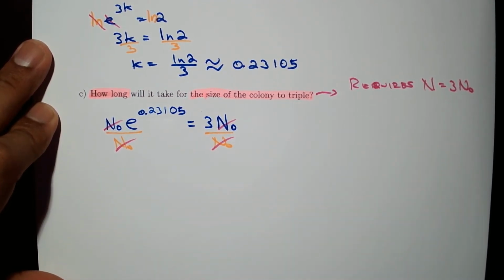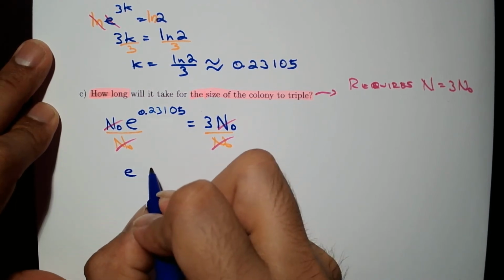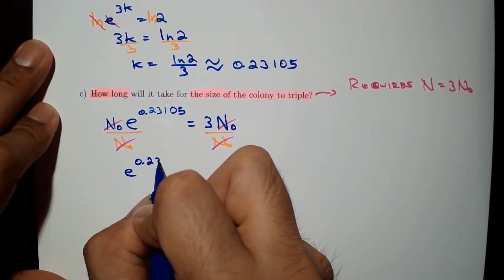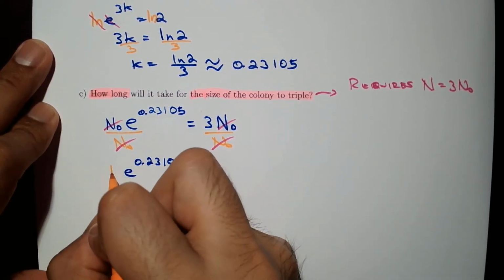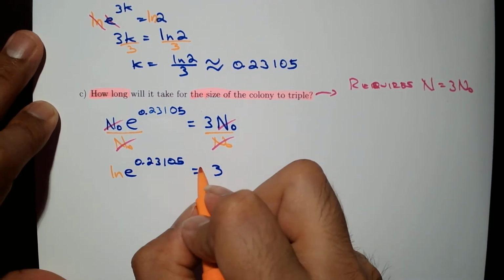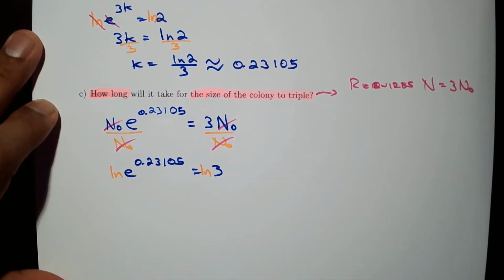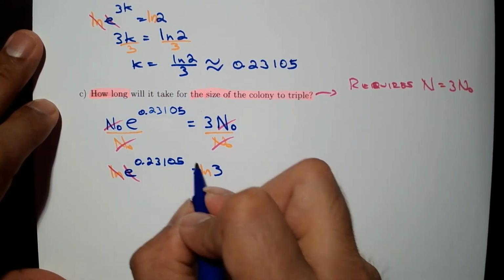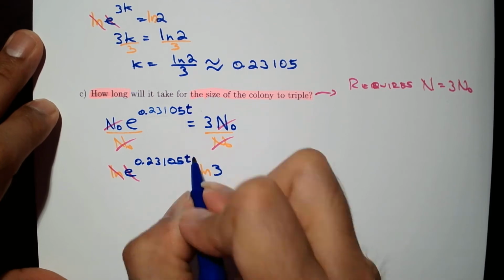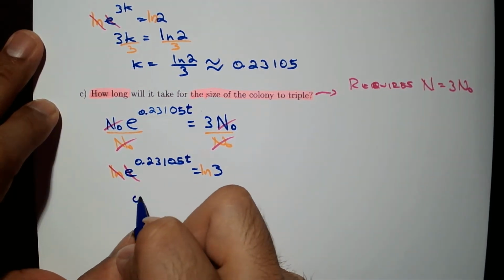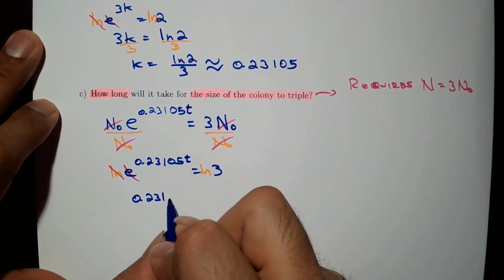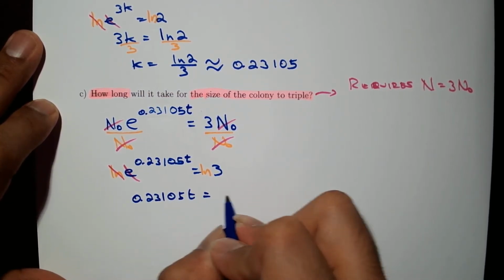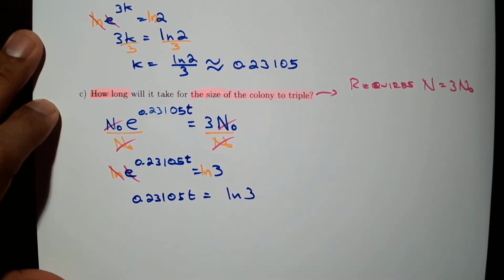Cancel, cancel, and e to the 0.23105 t equals 3. Actually, I forgot the t right there. Now we need to take ln to both sides to get rid of this exponential. So we get 0.23105 t equals ln of 3.